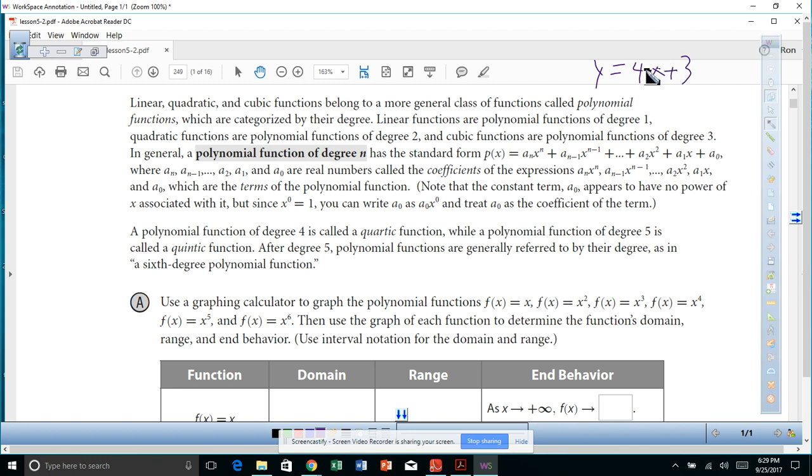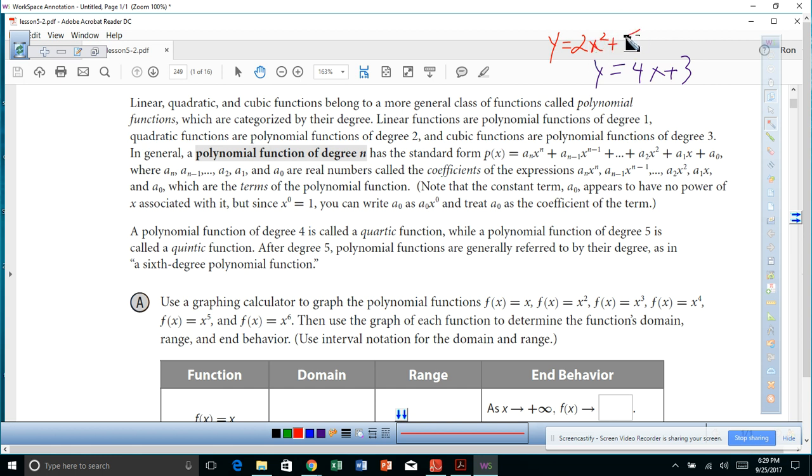That's a linear function, okay? Quadratic functions are polynomial functions of degree 2. And a quadratic function looks something like y equals 2x squared plus 5x plus, we'll say 7, okay?